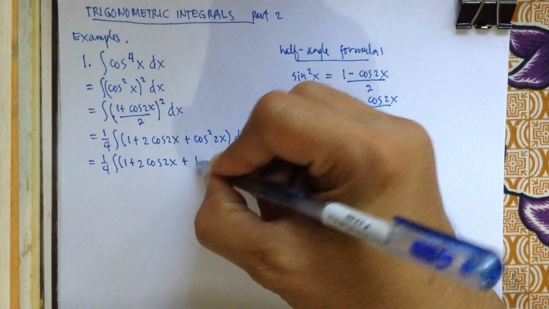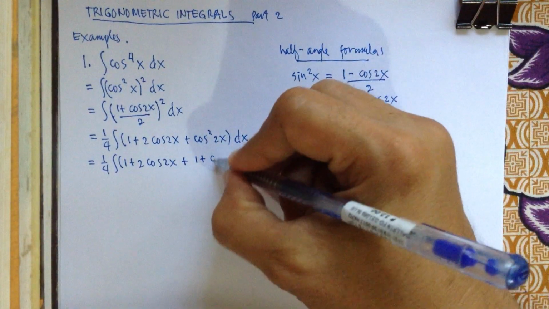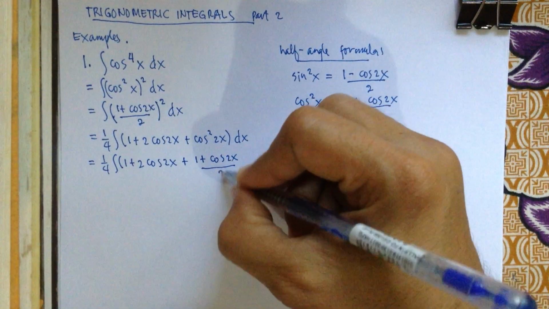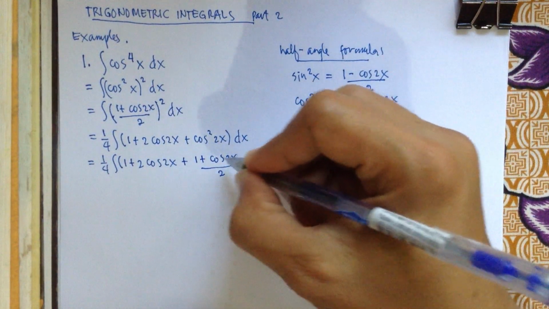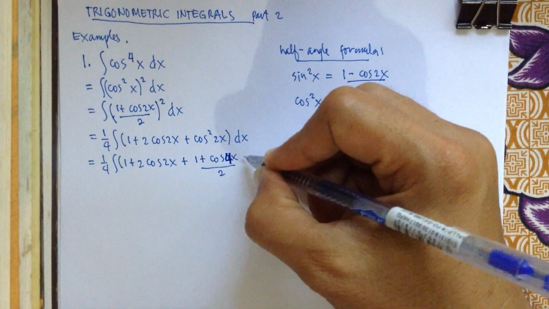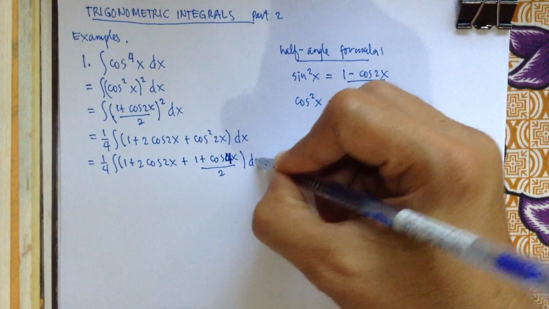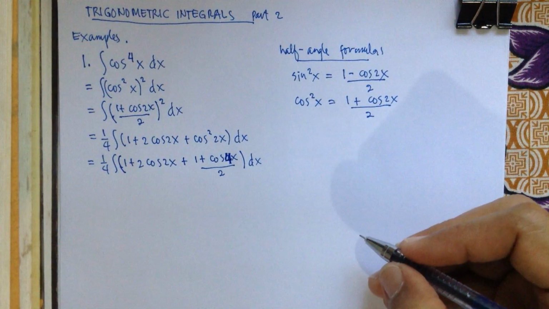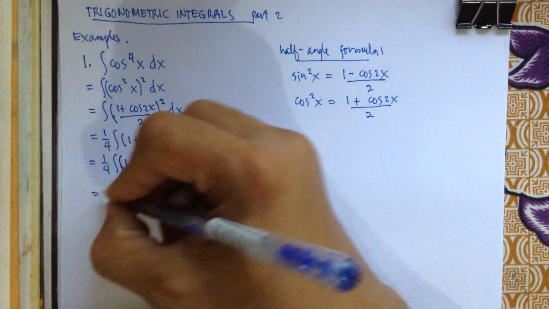So we can write this as 1 plus cosine 2x over 2. Sorry, this will become 4x. Okay, 4x over 2, then dx.